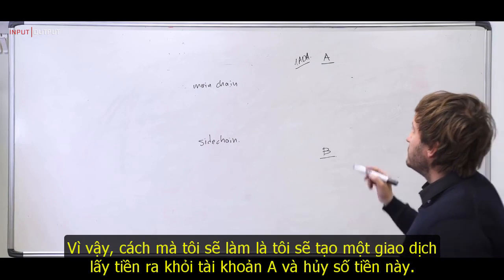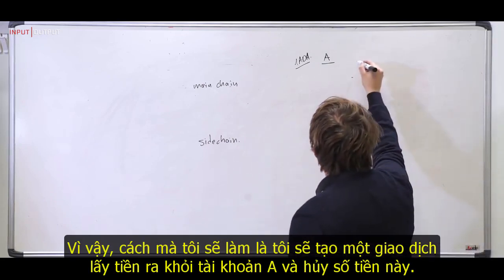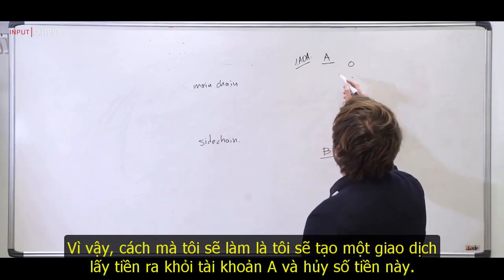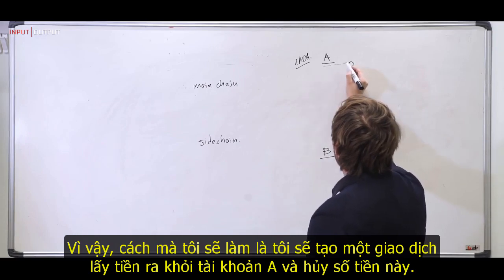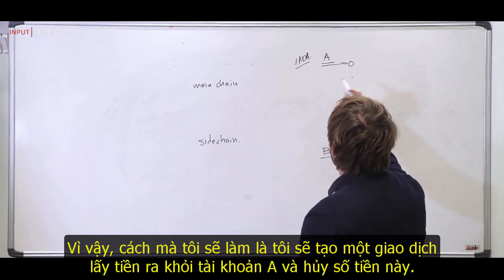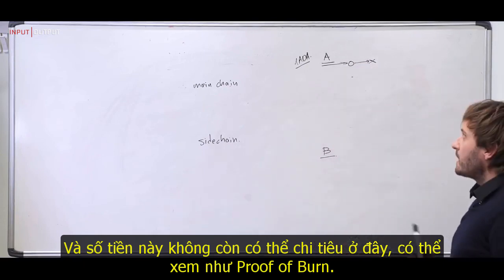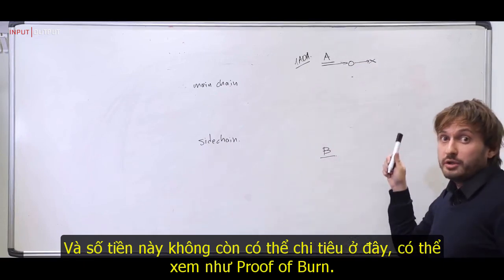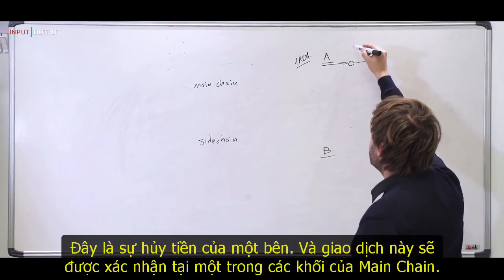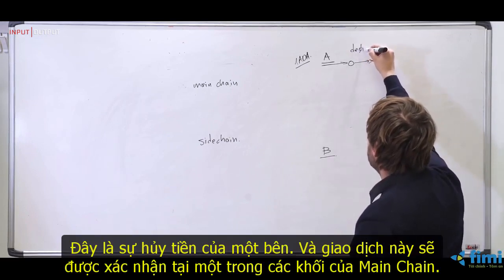So the way that I will do this is I will create a transaction that takes money out of the account A and destroys this money. So this money is no longer spendable here. It's like a proof of burn. So this is the destruction of money on this side.